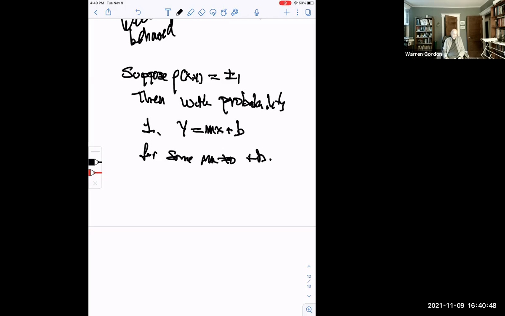So this says, if in fact the correlation coefficient is plus or minus 1, then the relation between Y and X is almost surely linear.